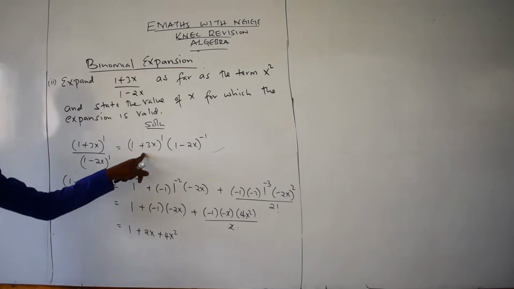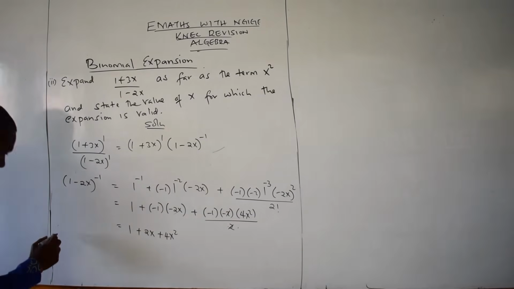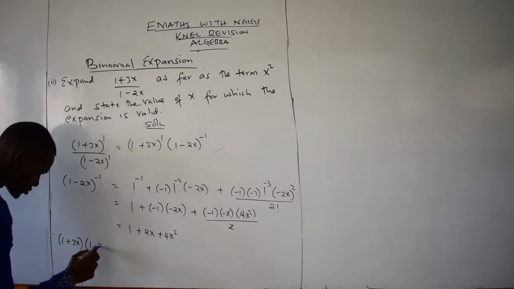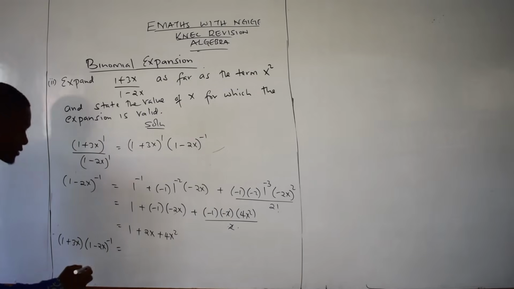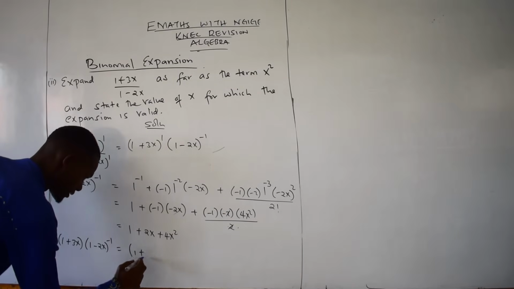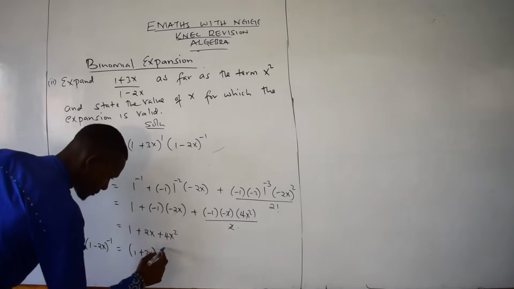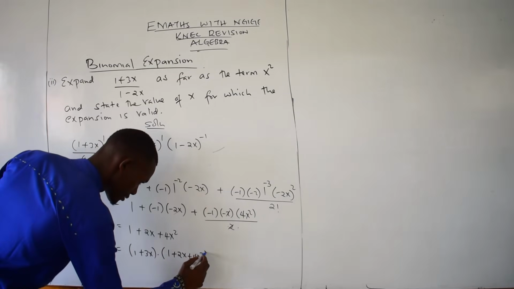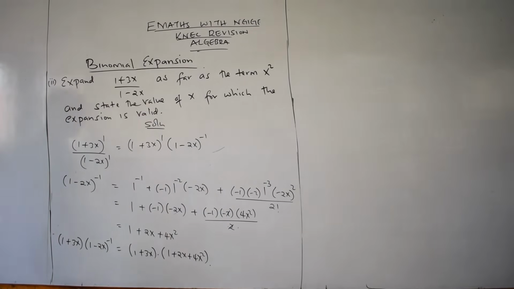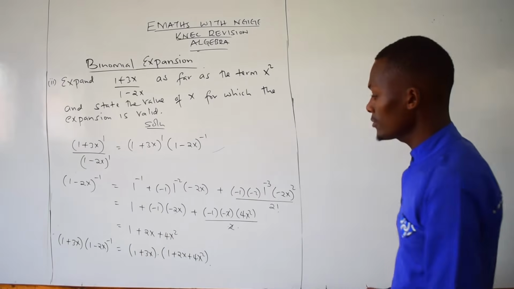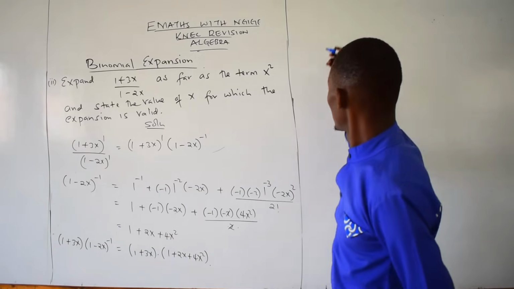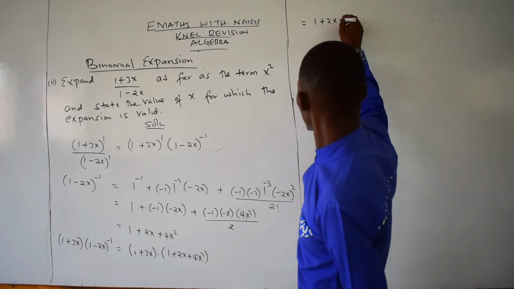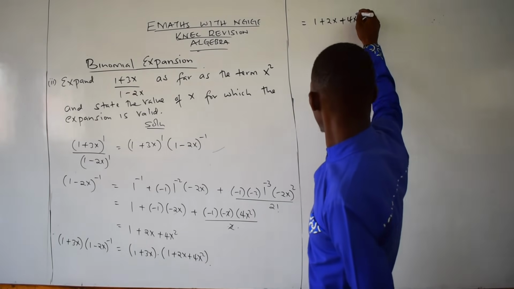But now remember, we need to get the product of this and this. So we have 1 plus 3x, you multiply with (1 - 2x) to the power of negative 1, so that gives us 1 plus 3x, then multiply by 1 plus 2x plus 4x squared. So therefore, what shall we have? 1 multiplies the whole of this function, so we shall just have 1 plus 2x plus 4x squared.